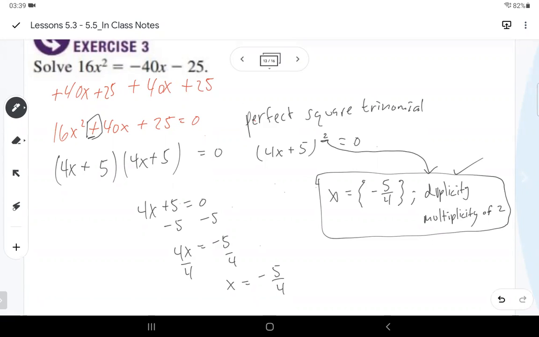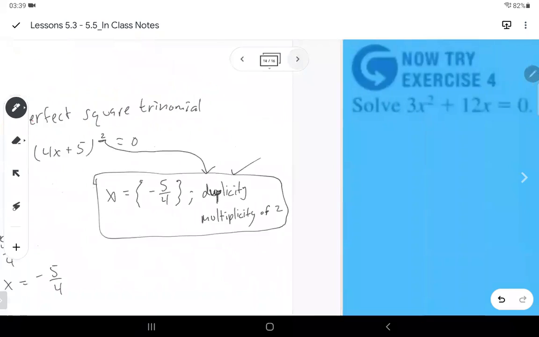No. But just in case you would be wondering, hey, why do we only have 1 answer when we are used to having 2? That would be why. Okay, that is d-u, by the way. Duplicity. Okay, duplicity. All right.